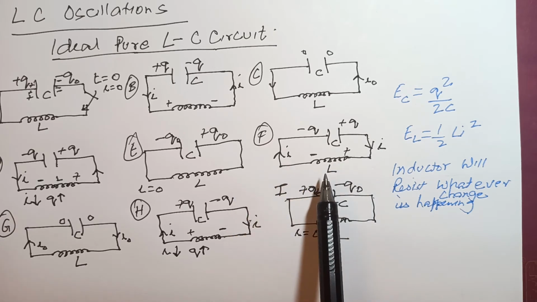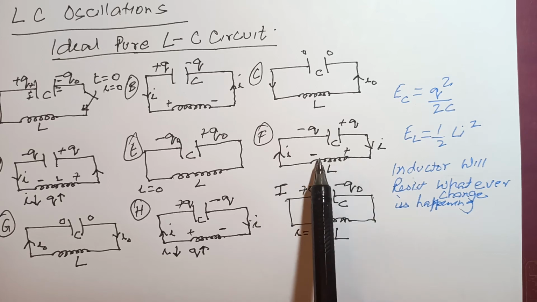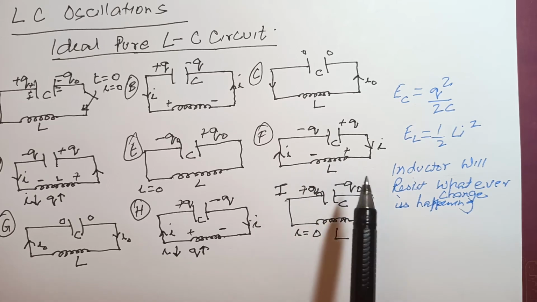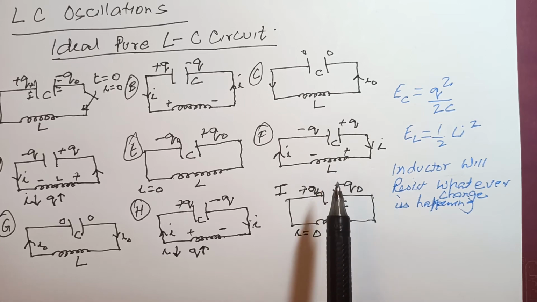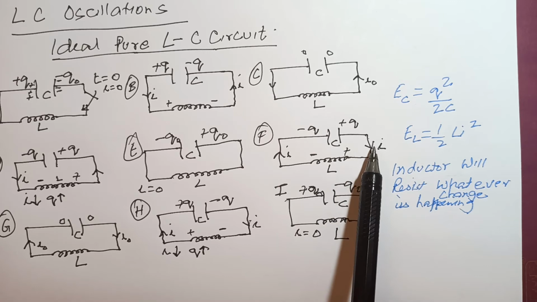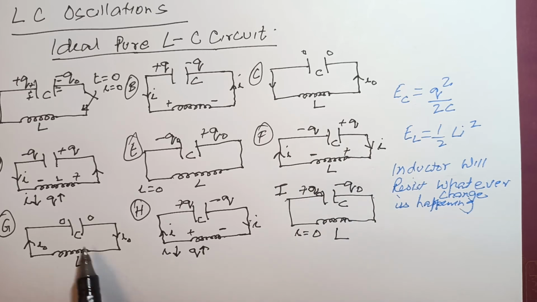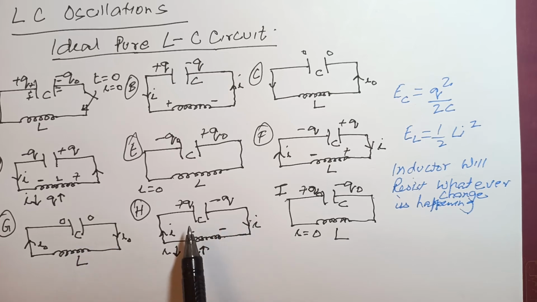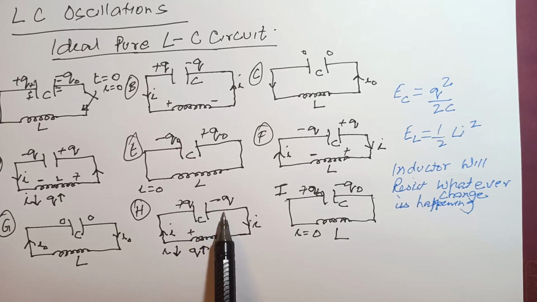Remember, it will oppose the change. Gradually again the current will be 0. After that, all the charges will get accumulated here, plus q and minus q. Current will decrease and charge will increase. Correct?